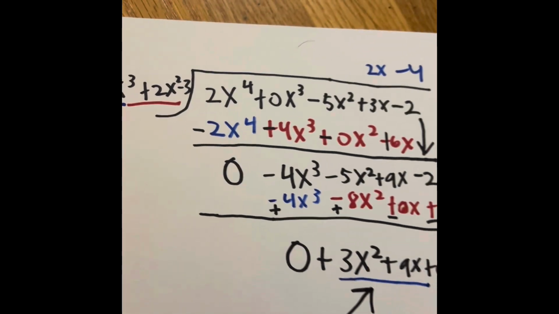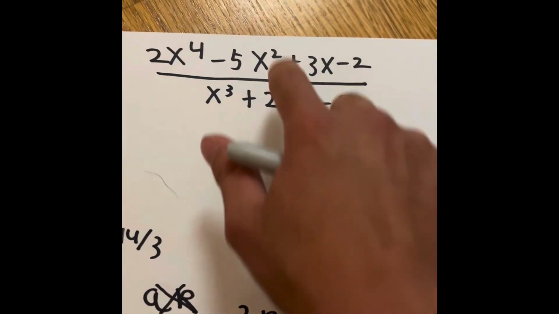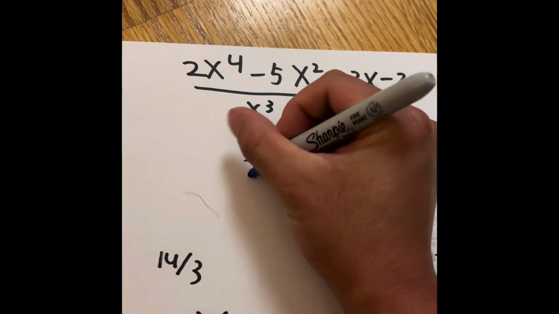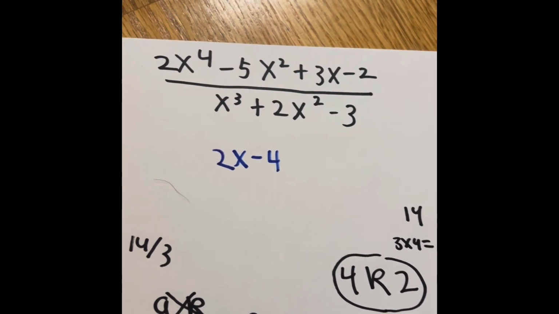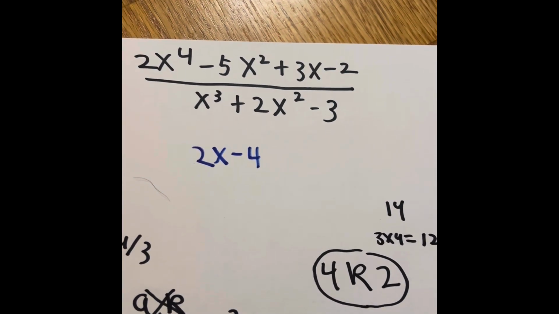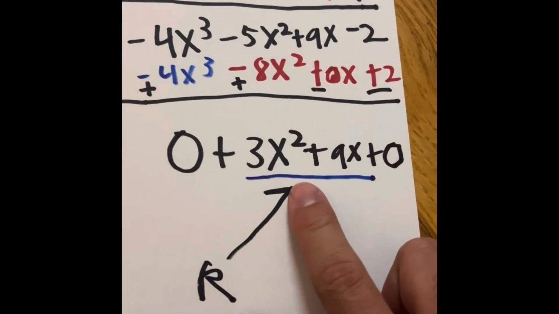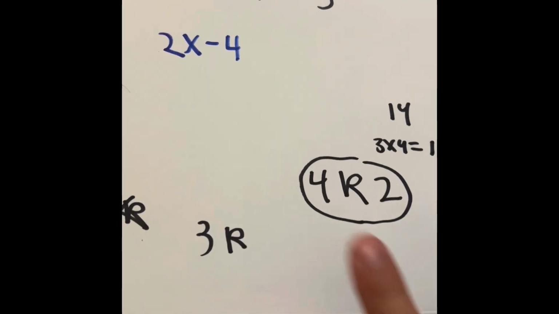So when you try to do the problem, we can say that 2x minus 4 is going to be the answer that we got. But we do have to add in the remainder because that's also useful information that we have. So here's our final answer.